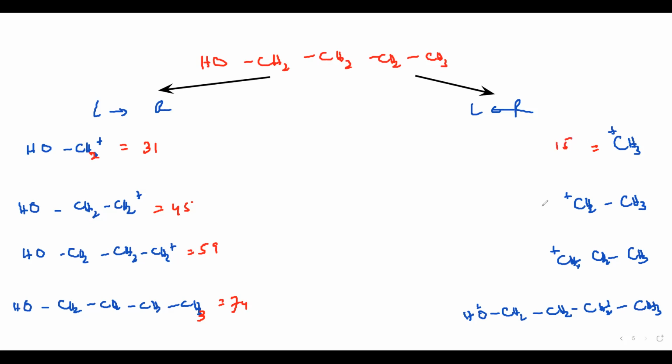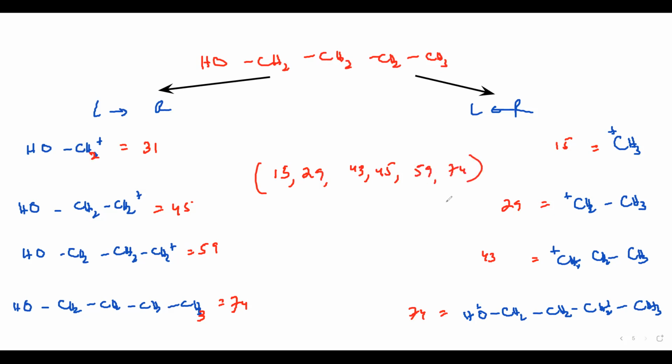So 15 plus 14, that is 29. Then 29 plus 14 gives 43. And then the whole molecule is there. So the peaks we are getting are 15, 29, 43, 45, 59, and then 74.